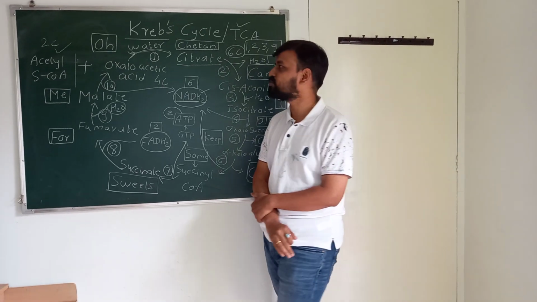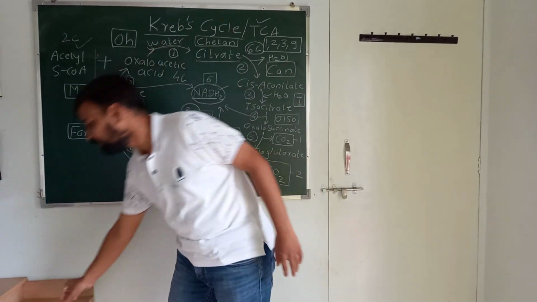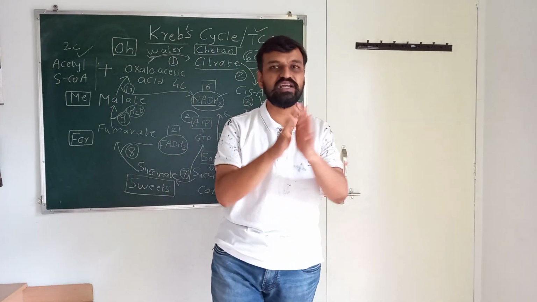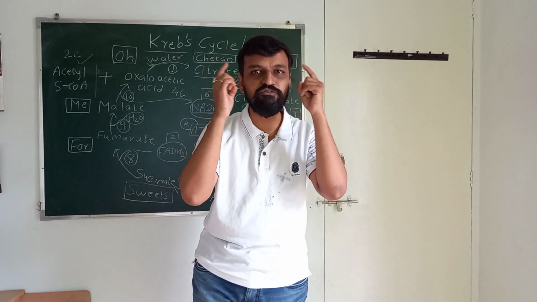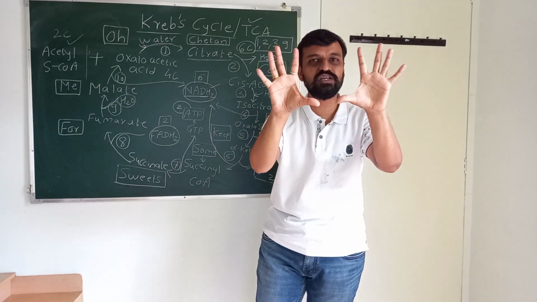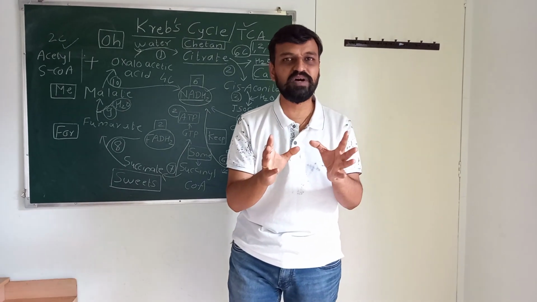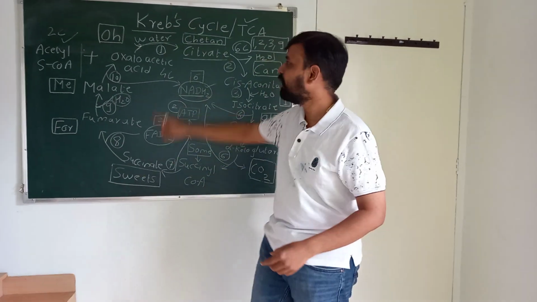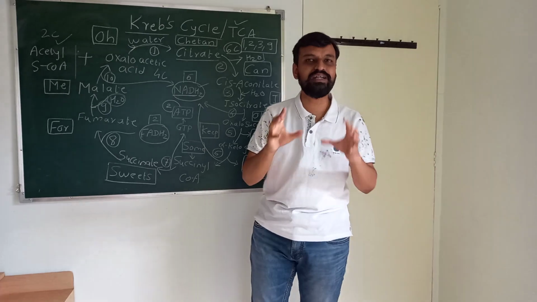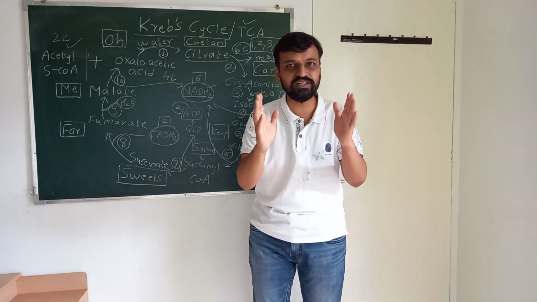So, first of all, the Krebs cycle is a 10-step pathway. How many? The Krebs cycle is a 10-step pathway. Fit this in your mind. Glycolysis is a 10-step pathway. So similarly, the Krebs cycle is also a 10-step pathway. Are you getting me?